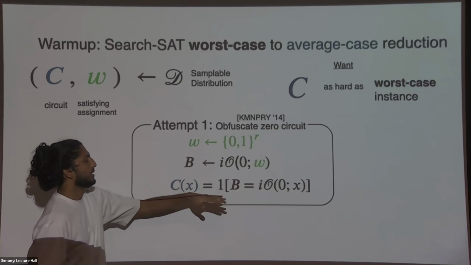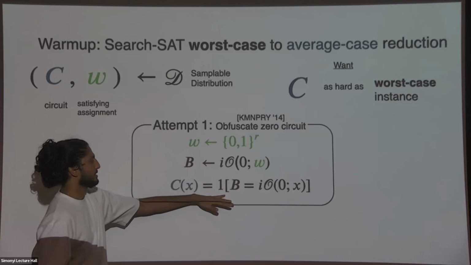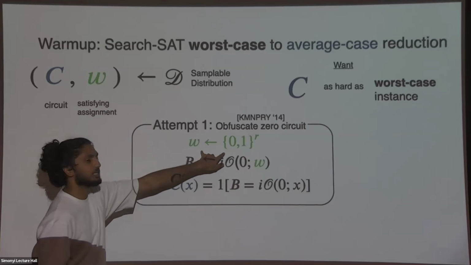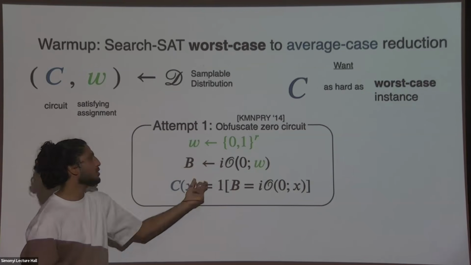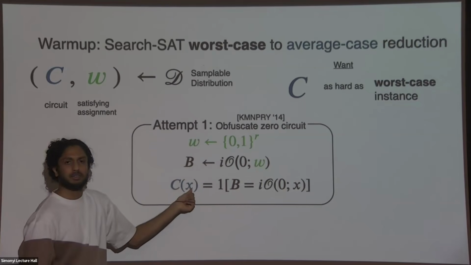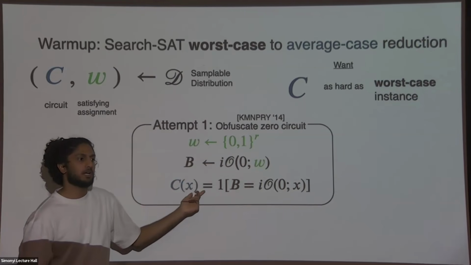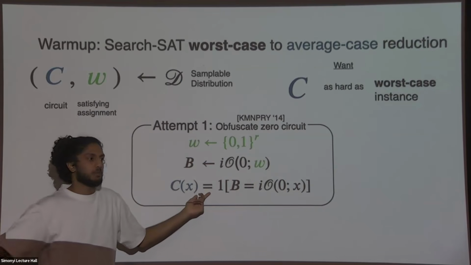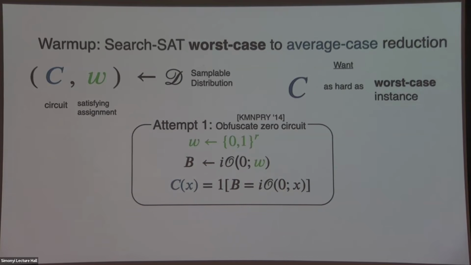But the difficulty is that this depended on what the randomness complexity was here, because that's going to be the input length to C. We don't want the input to this to be the randomness of the IO algorithm, because the randomness of the IO algorithm could have an arbitrary poly blowup, and that's going to kill the fine-grained optimality of our thing.